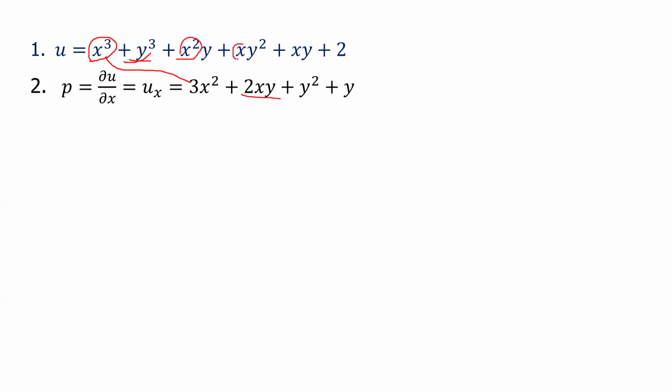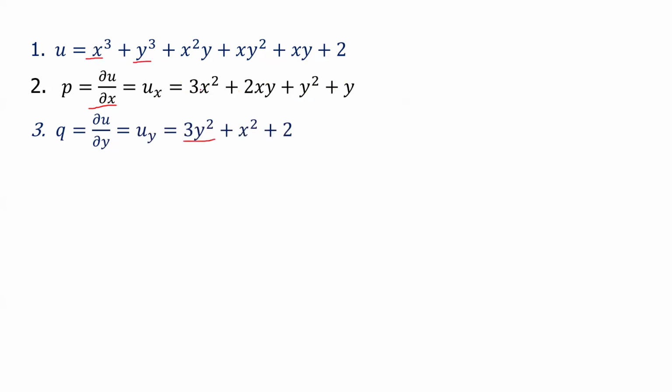Here the derivative of x is 1, so we have only y square. The derivative of x is 1, so we have only y. This is the partial derivative of u with respect to x. Similarly, the partial derivative of u with respect to y. This is 0. The derivative of y cube is 3y square. This is x square. This is 2xy. And this is x, and this will become 0. So this is the partial derivative of u with respect to y.